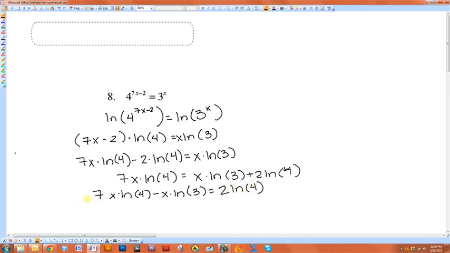Okay. Now if that had just been a 5, or if that had just been a 7x with no natural log there, and a negative 1x, you would just add or subtract the coefficients. Well, our coefficients are 7 natural log of 4 minus natural log of 3. So let's subtract our coefficients.